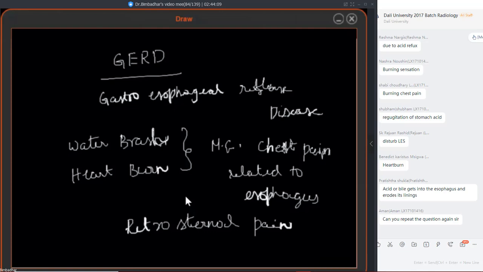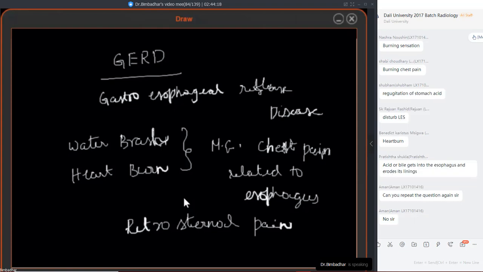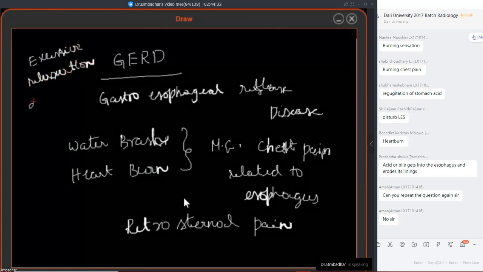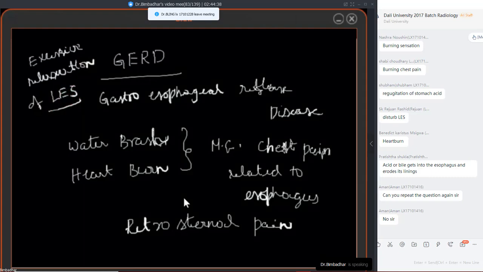Actually the most important reason for this condition is excessive relaxation of the lower esophageal sphincter, which eventually causes excessive reflux of the gastric acid into the esophagus.